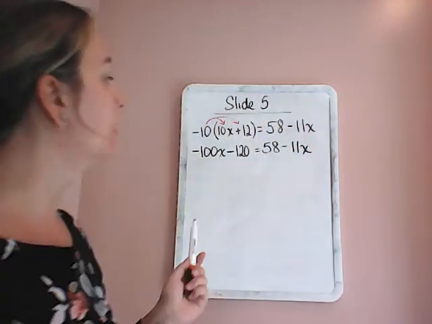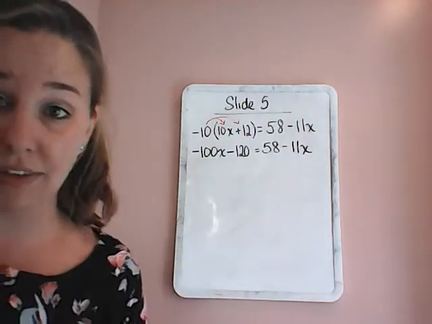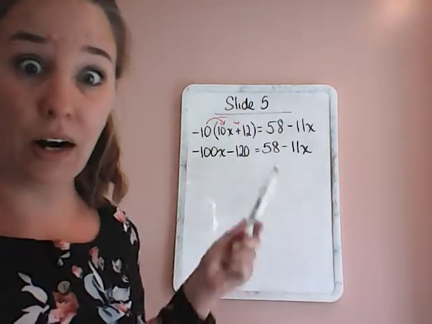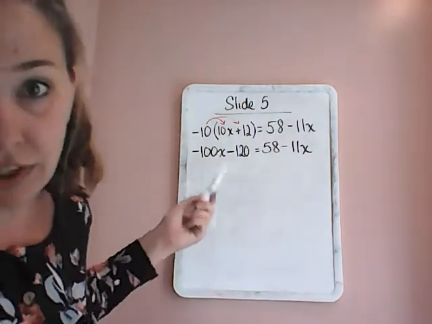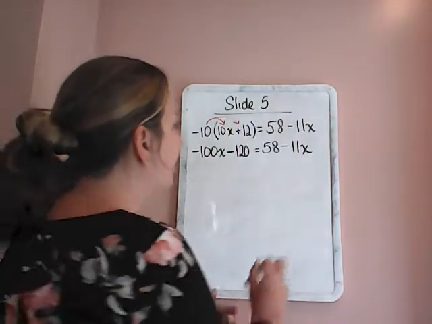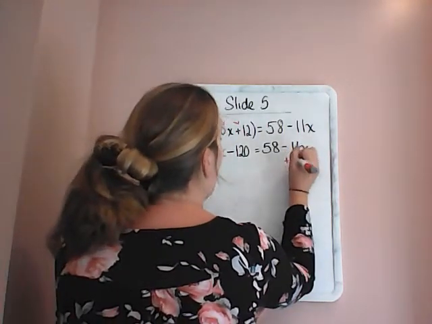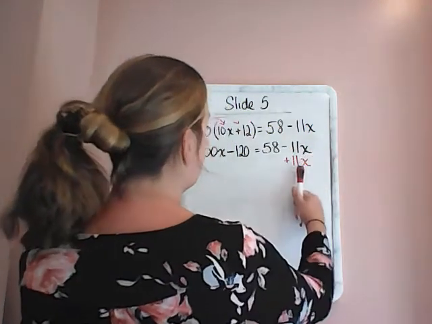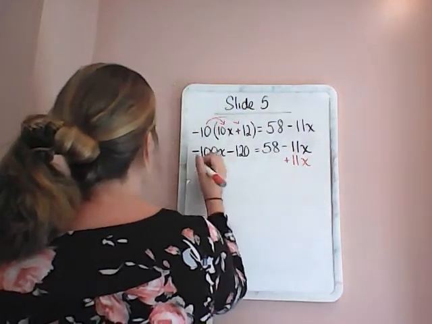And now this looks much like what we were doing in the last video. So let's get these variable terms over to the left. We have this negative 11x. I'm going to add 11x to this variable term.